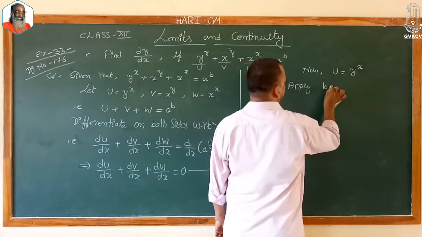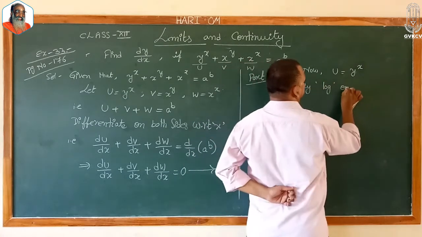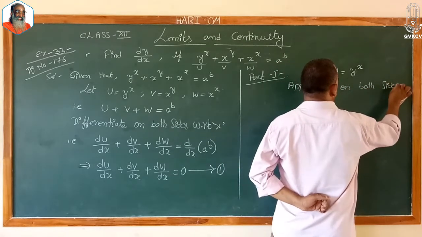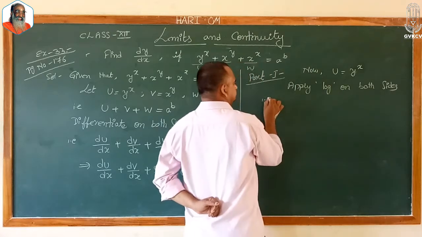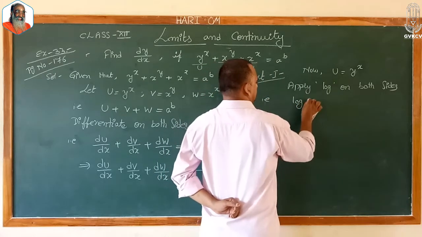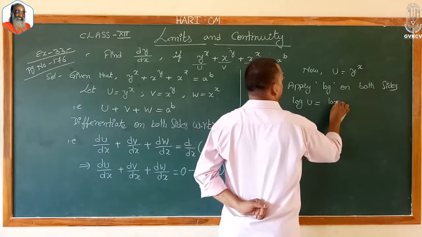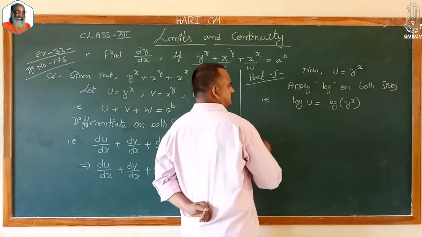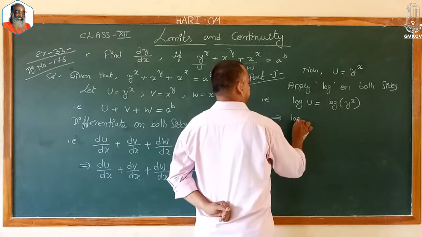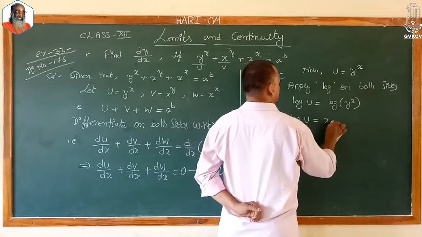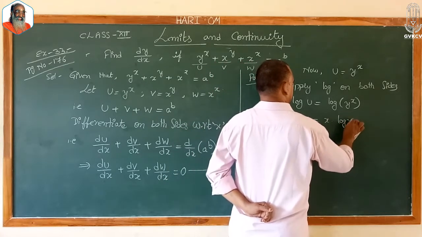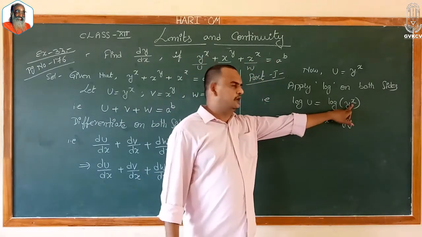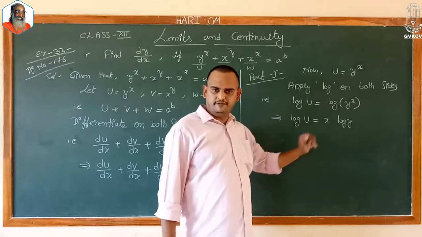Apply log on both sides. That is, log u = log y^x. That implies log u = x log y, as we know that the exponent comes as a coefficient.